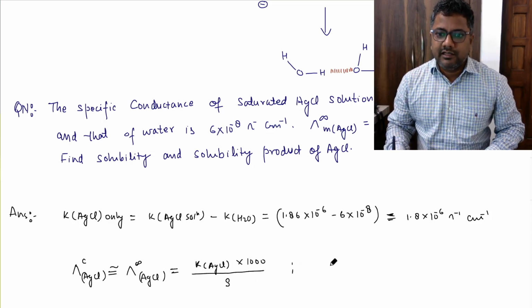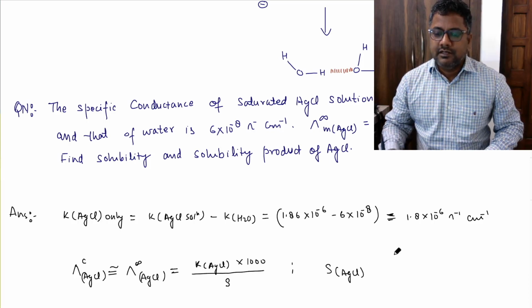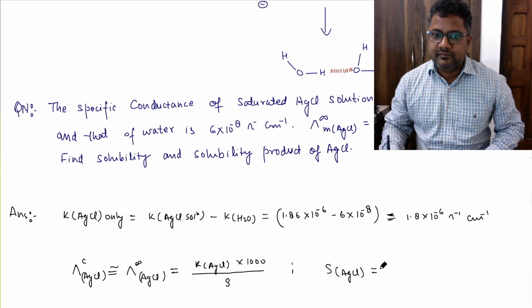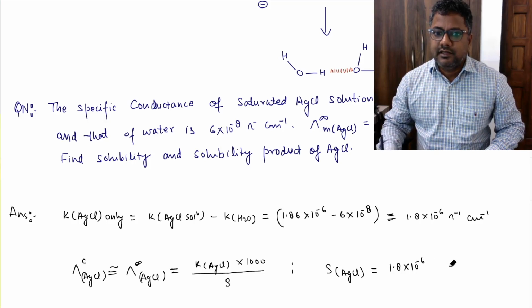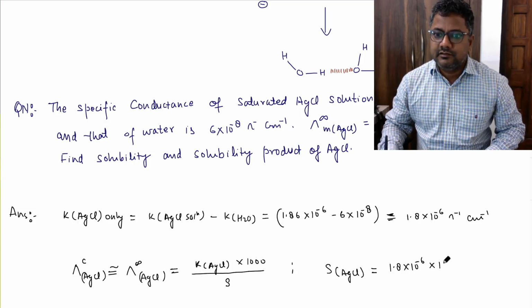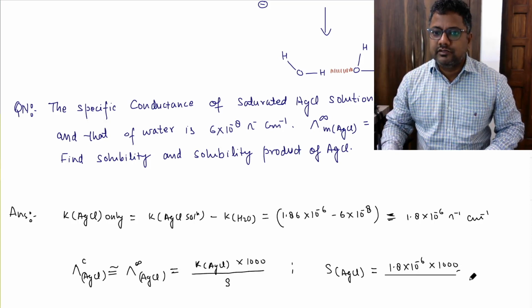So solubility of AgCl is equal to kappa, 1.8 into 10 to the power minus 6, into 1000, divided by 137.2. I think I have the same unit, so there is no problem.